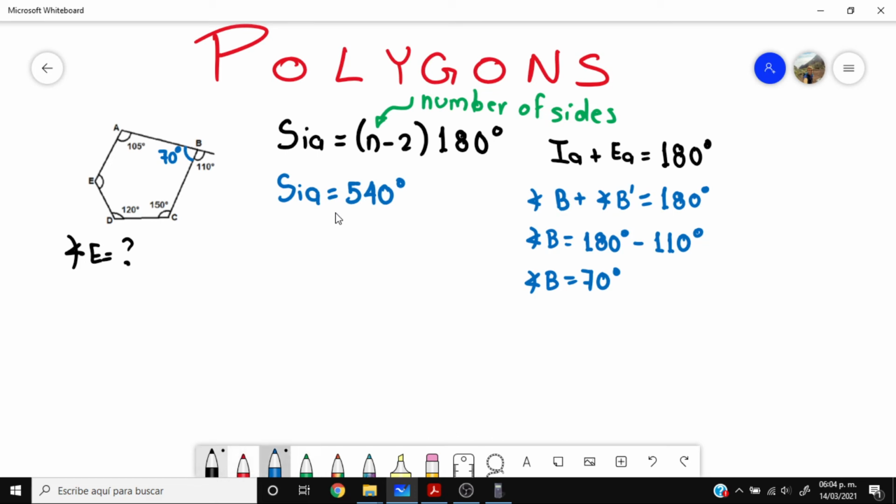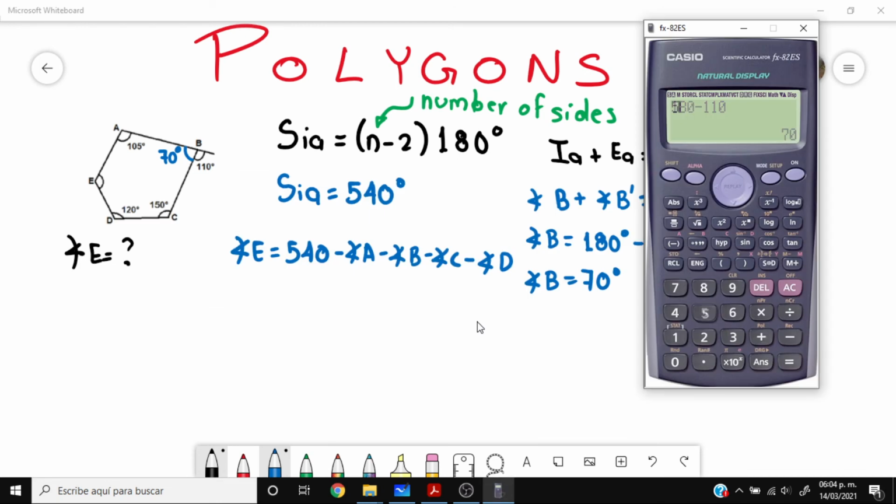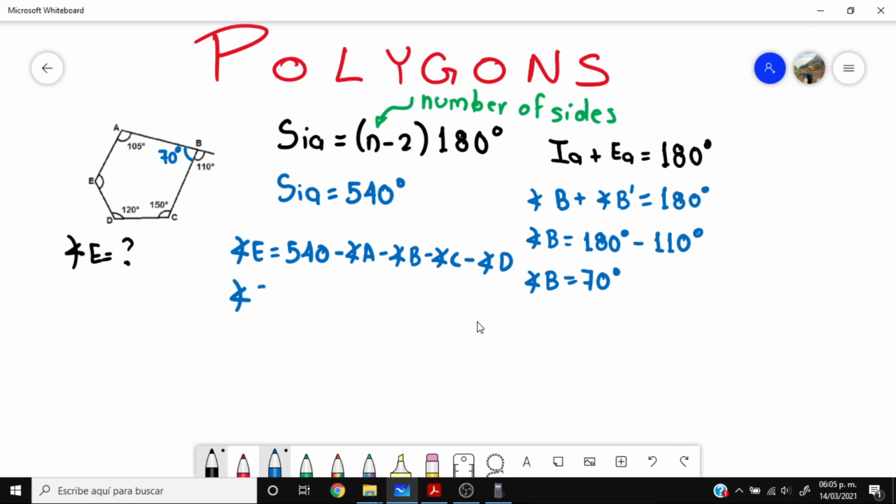So the value of the angle E equals 540 minus the angle A minus the angle B minus the angle C minus the angle D. With that operation, I'm going to find the value of the angle E. So let's do it. 540 minus, just how it's written, 105 minus the angle B, which is 70, minus the angle C, which is 150, minus the angle D, that is 120, equals, okay, so the angle E equals 95 degrees.